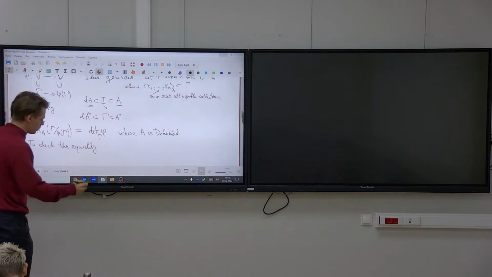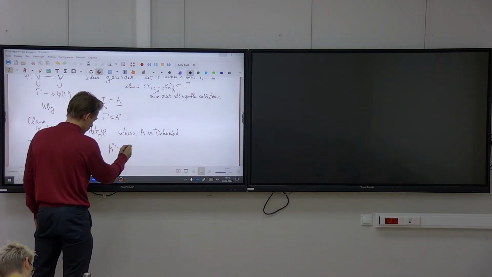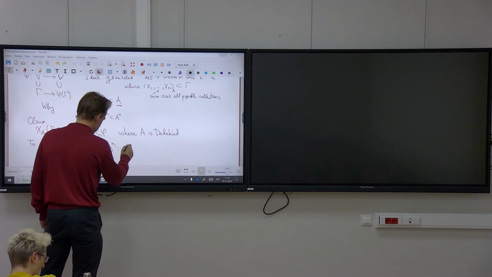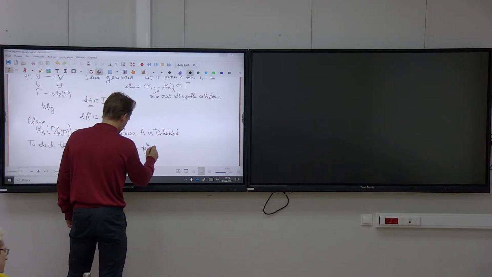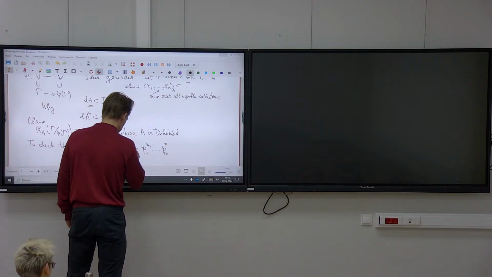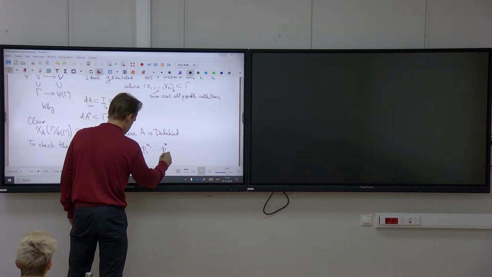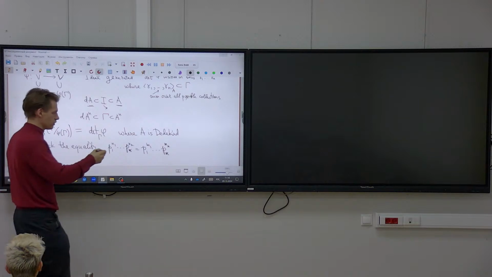To check the equality of ideals, in order to check these equalities, it is sufficient to localize.